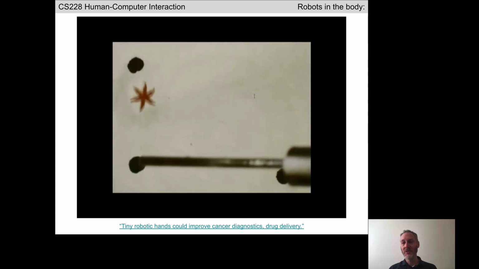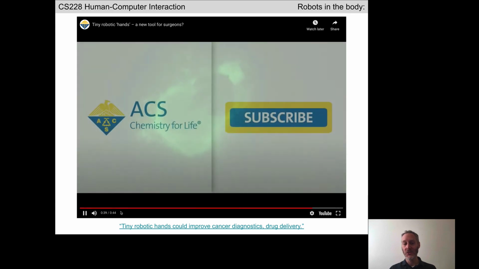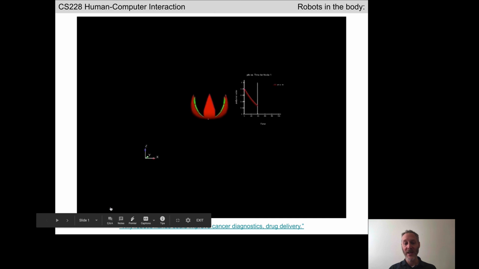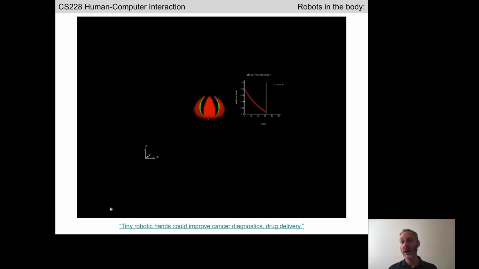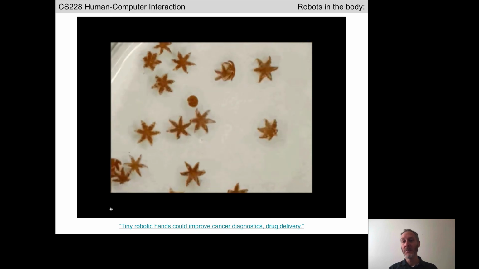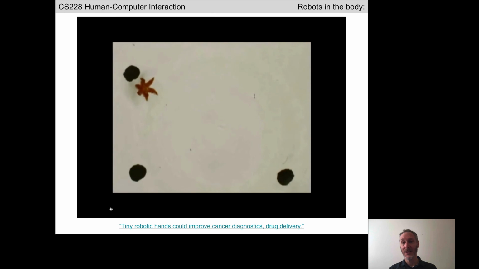If you place a subject in a functional magnetic resonance imaging device, an fMRI, you can supply magnetic fields around and in the body. You might be able, with an external magnetic field, to direct a micro-robot to different parts of the body to, for example, deliver a drug or medication to a cancerous tumor. This is the most intimate form of human-computer interaction that is being considered at the current time.